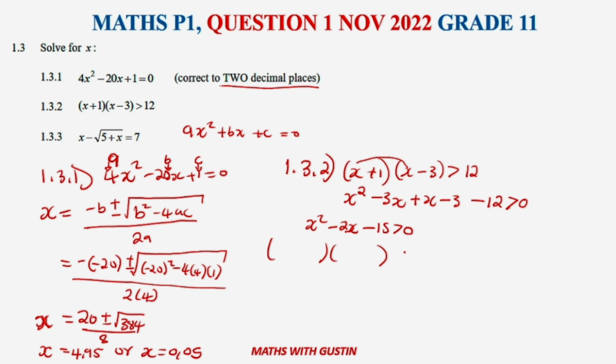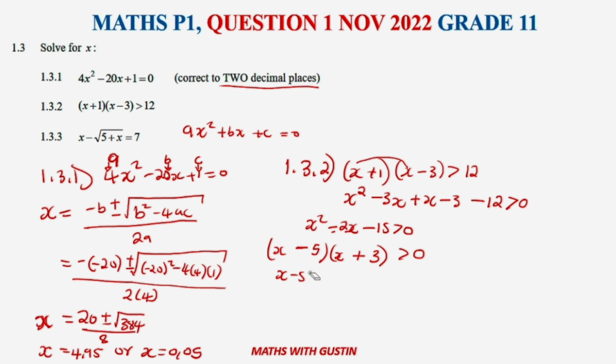We need to factorize. What are the two numbers that when you multiply them together give you 15, but when you add them together give you 2? It's 5 and 3. The bigger number takes the sign of the middle term. So x minus 5 greater than 0.